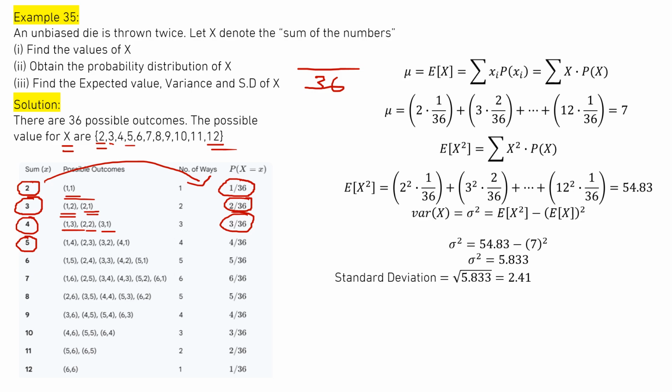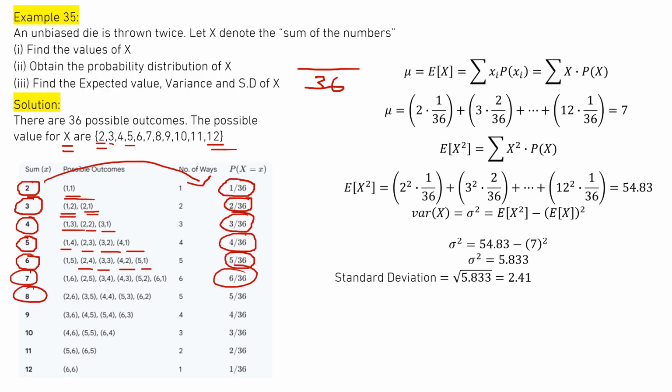To obtain the number 5, we have 4 options: 1, 4, 2, 3, 3, 2, 4, 1. So the probability will be 4 by 36. For obtaining the number 6, we have 5 options: 1, 5, 2, 4, 3, 3, 4, 2, 5, 1. So 5 by 36. Like that, for 7, 6 by 36.